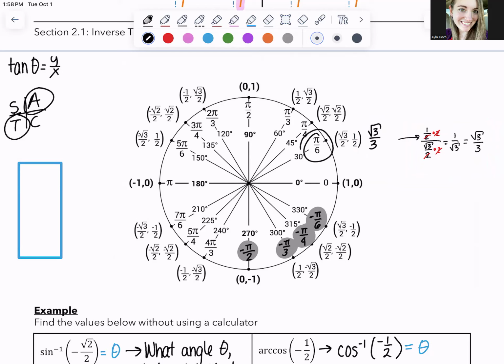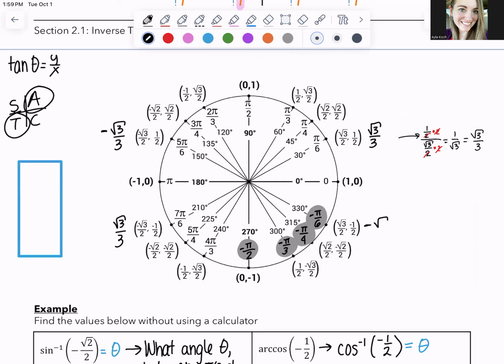So I'm going to look at all the pi over 6 angles. This 5 pi over 6 is going to be negative square root 3 over 3 because tangent is negative in quadrant 2. 7 pi over 6 will be positive square root 3 over 3. And over here, this will be negative square root 3 over 3.